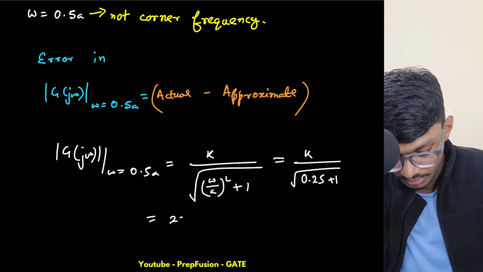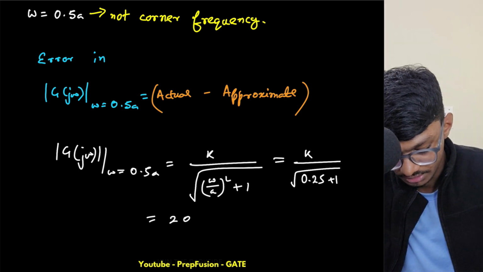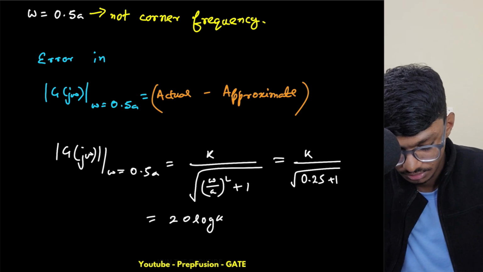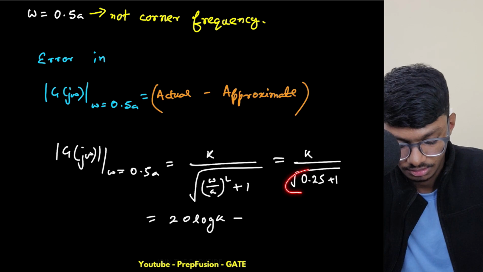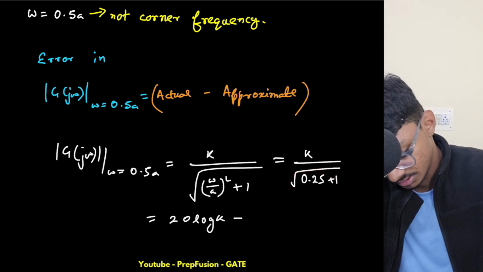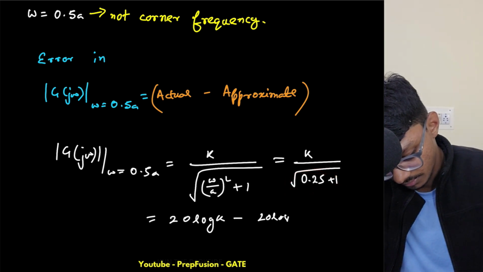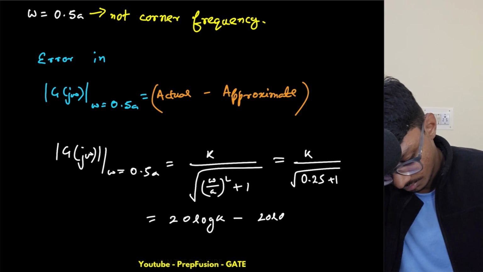So if you want to convert it into dBs, obviously this is a ratio of two numbers, so this is 20 log k minus, now this is power half, so this is 20 log under root 1.25.